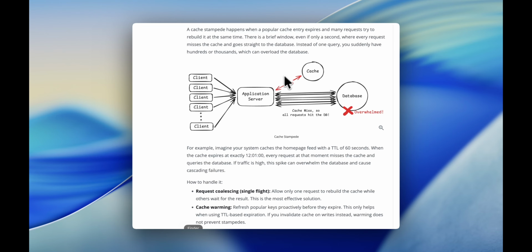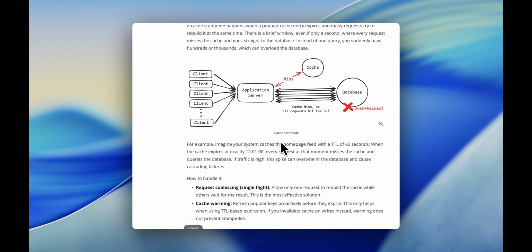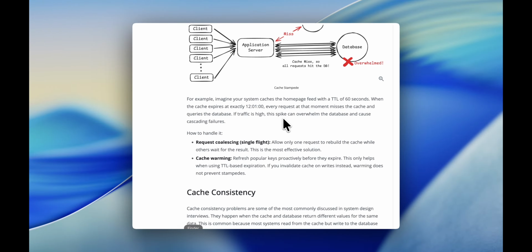This fresh news does not exist in the cache, so we have a cache miss. Then these 100 users will send 100 simultaneous requests to the database, and the database will be overwhelmed. This will cause a spike in your traffic and put a lot of burden on your database. So how can you handle this?